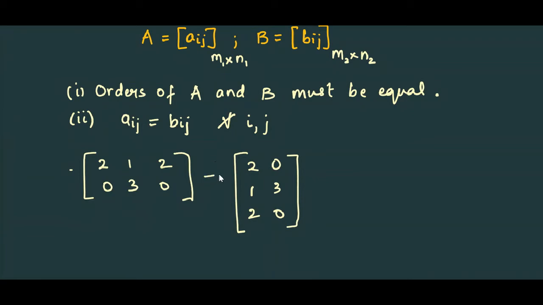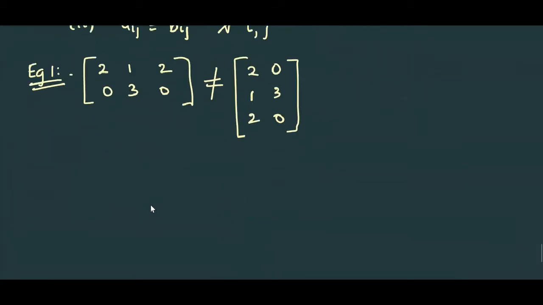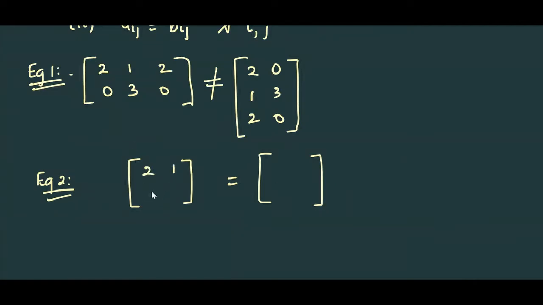Elements are the same, but the matrices are not equal because the orders are different. Example 2: orders are same, elements are different.